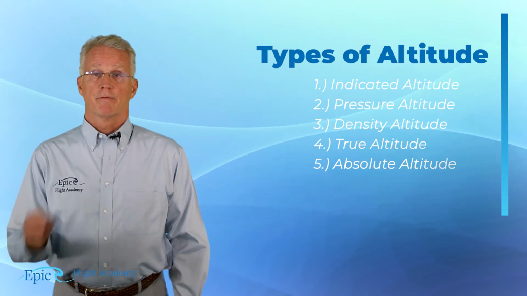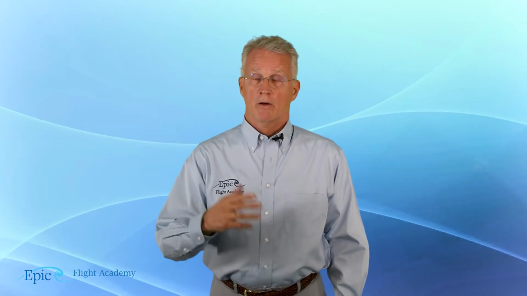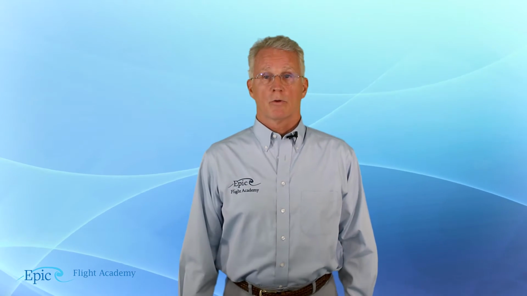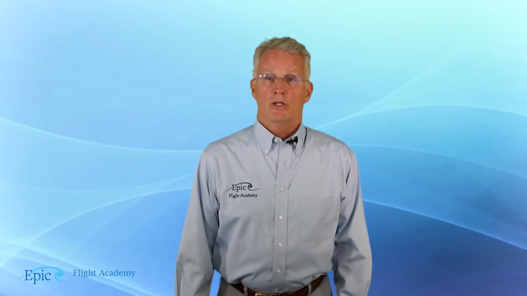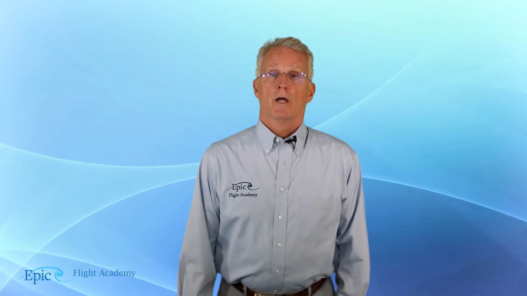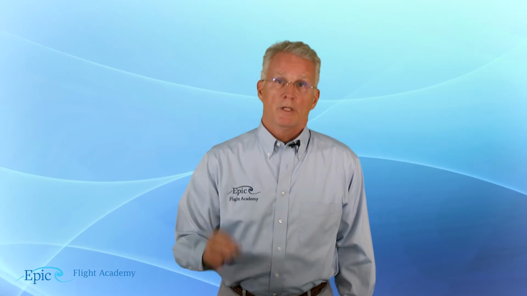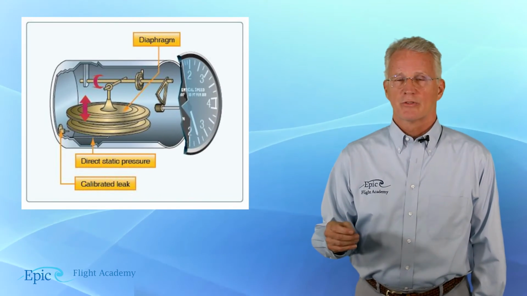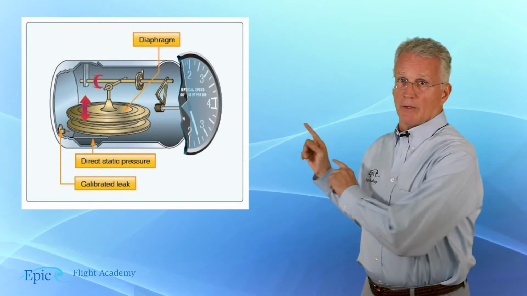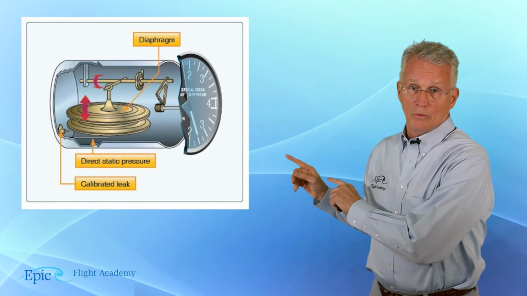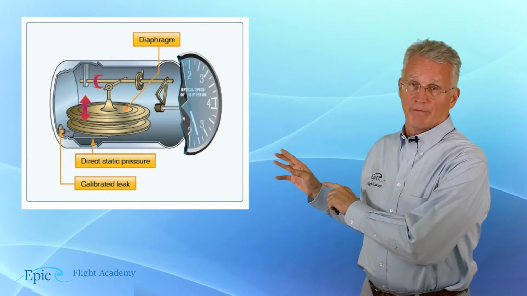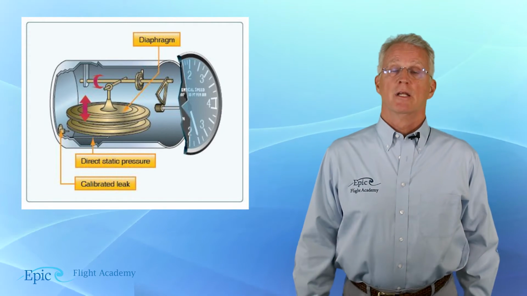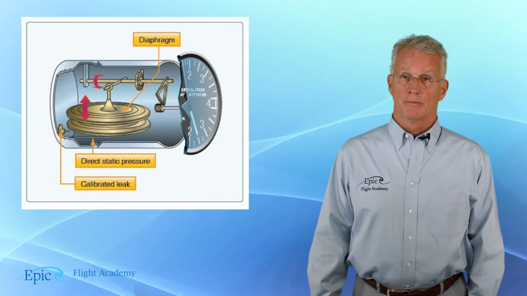Then we get to the vertical speed indicator. Again, we looked at that in pretty good detail in the private pilot course, but as an instrument pilot, we just want to review and be sure we understand that the static air source in this instrument goes directly into that diaphragm, and the case of the instrument is vented to static air.